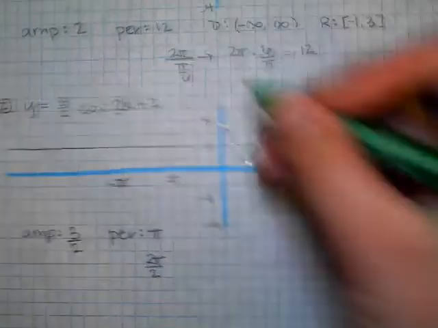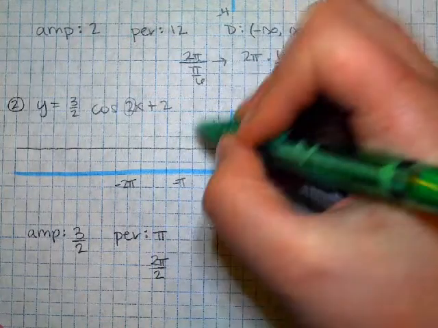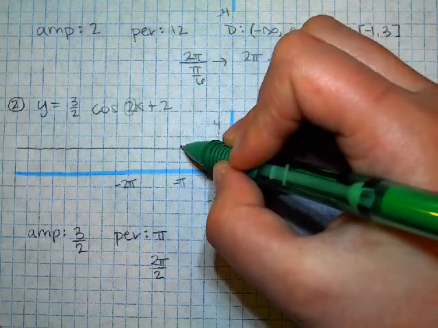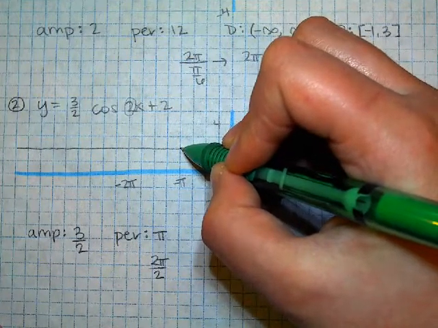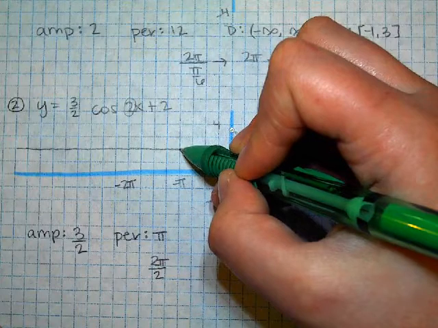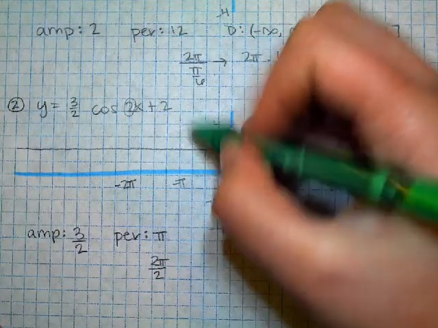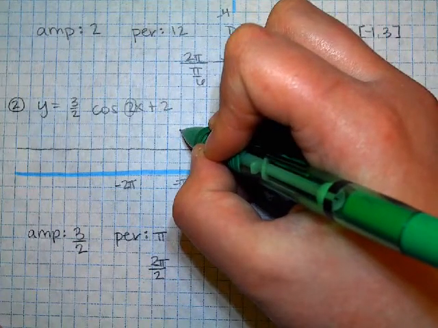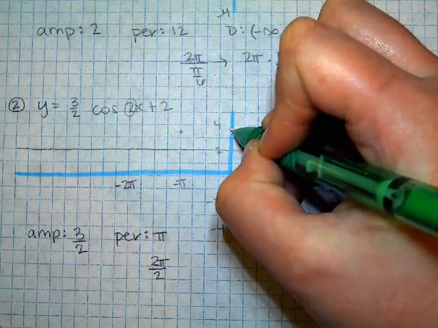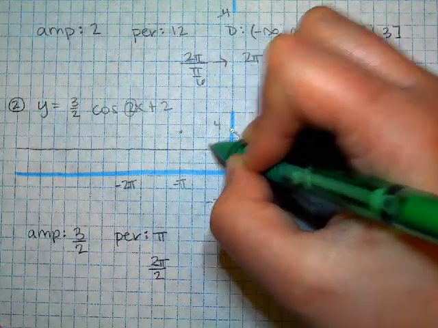Okay, we're going to go over here, and we're going to say from the middle, what do we do? Go up 1.5, because that's the amplitude. So go up 1.5, go up 1.5. And then in the middle, what do we do? Go down 1.5. Okay?